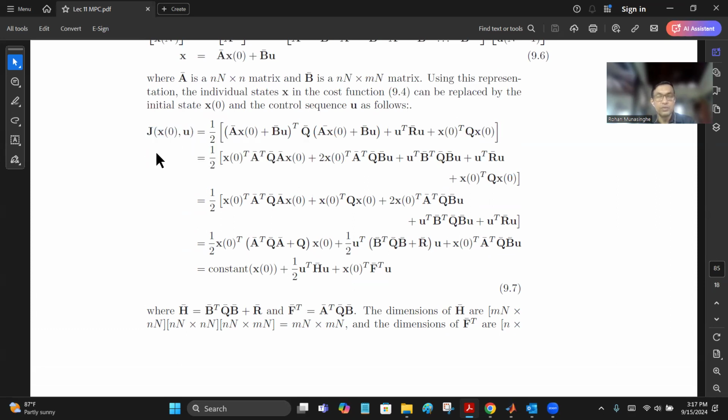We are not going to differentiate with respect to x0, that would be a totally different problem. The cost depends on x0 and u. When you want to minimize this, we treat x0 as a constant, not as a variable. So therefore it goes out.